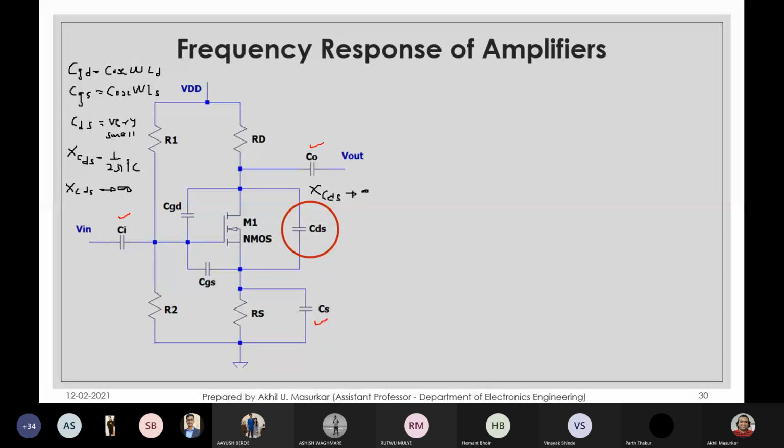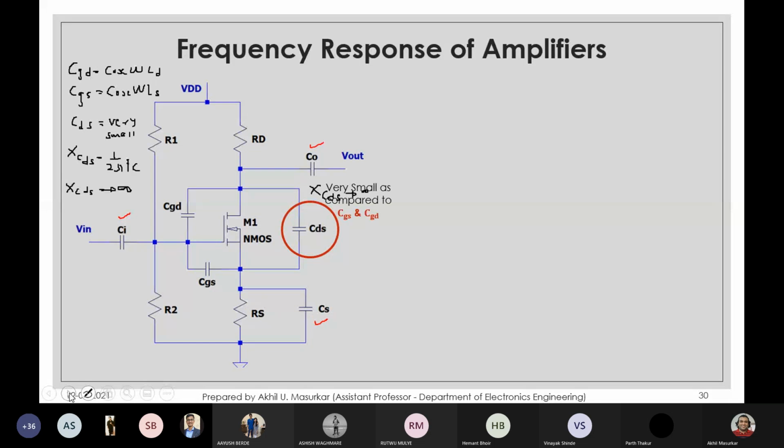So now let's look at the frequency response of the amplifier. Here this capacitance CDS is very small, and that is the reason why it offers almost infinite impedance. So this capacitance can actually be neglected. Though it's there, it's like almost not there.